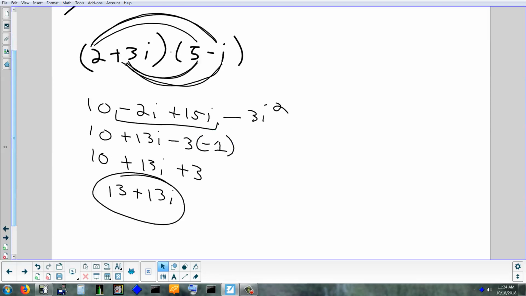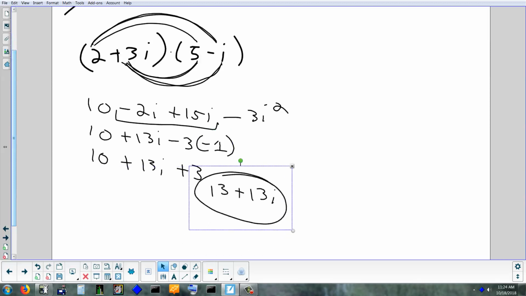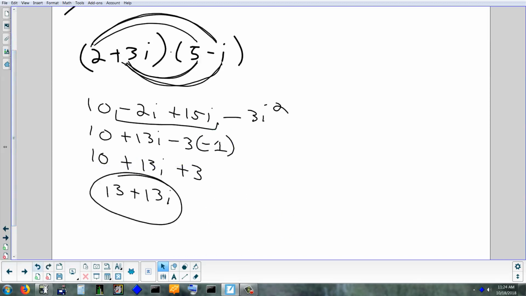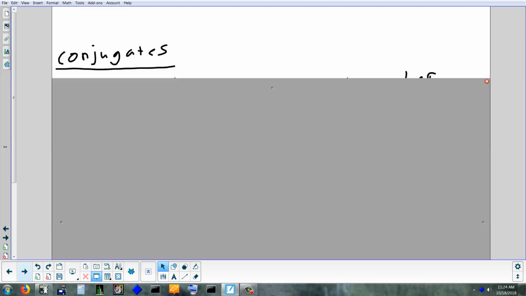Just a coincidence that the real and the imaginary part came out the same. That usually doesn't happen. Any questions on that one? Okay, so I think that's a good place to pause. When we come back, we'll look at division using conjugates.